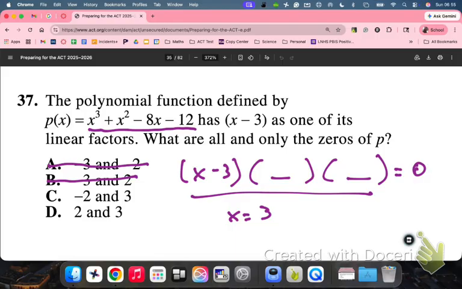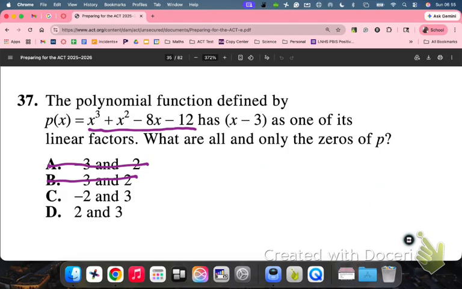Here's a very easy, not terribly mathematically rigorous way to solve this then. We're just going to test these two. One of C or D has to be right. I'm going to plug 2 into the equation and see what happens. The reason I'm plugging 2 in instead of negative 2 is just fewer chances to make mistakes.